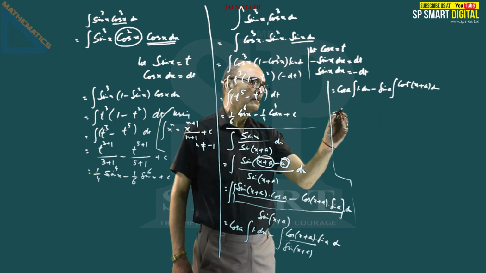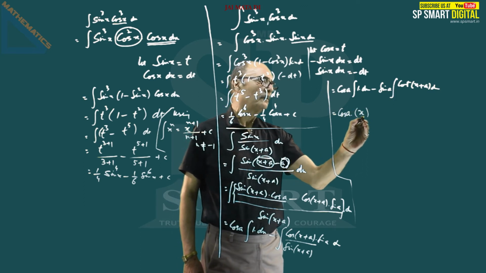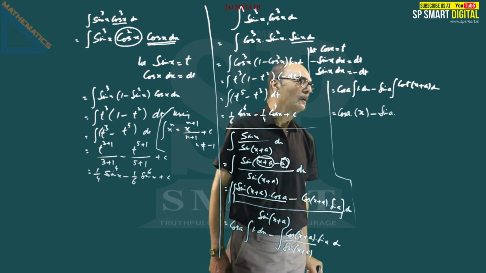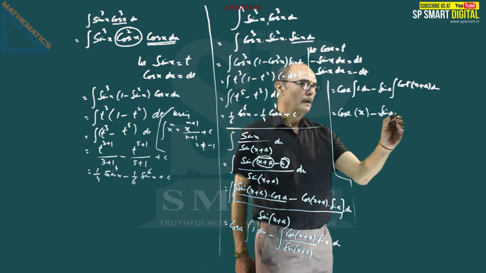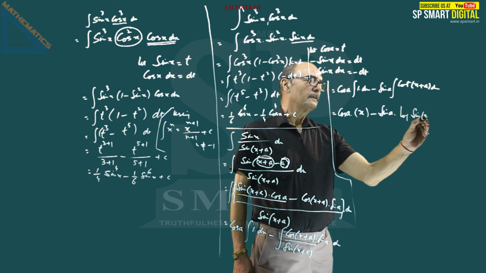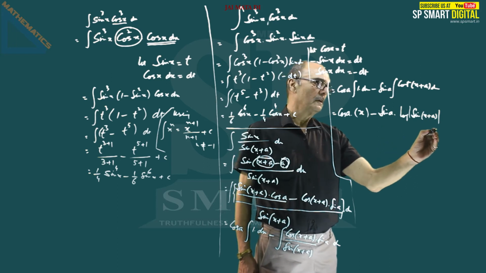So, this is cos A into x, 1 into dx, minus sin A cot x, log of sin of x, that is x plus A. It is a specific formula for cot x.